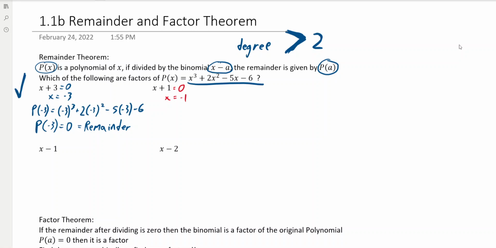So we can do that for each of them, but let's just do it one at a time. So p of negative 1 equals, and then we just put that negative 1 in place where all the x's were. Like that. And then we solve for that answer.